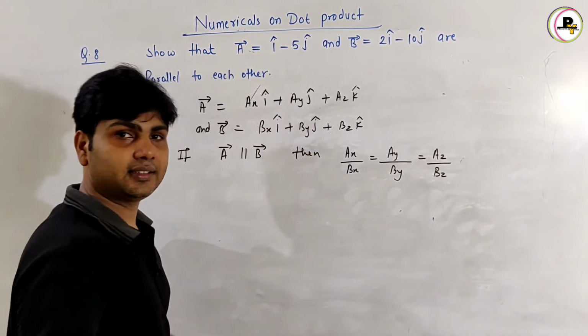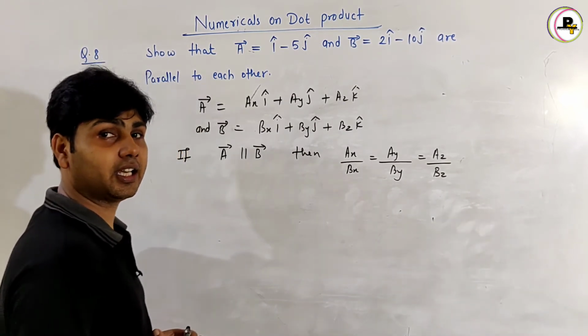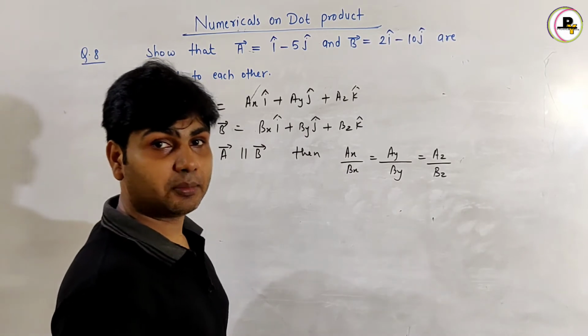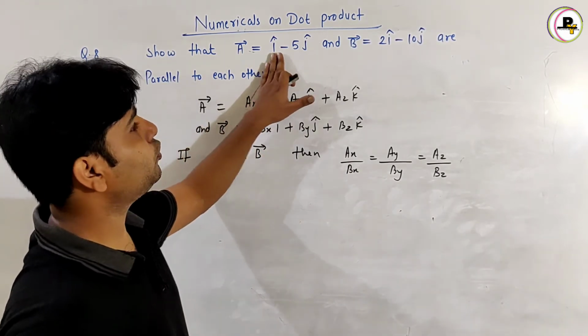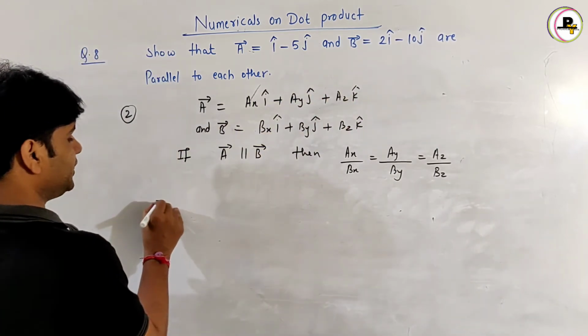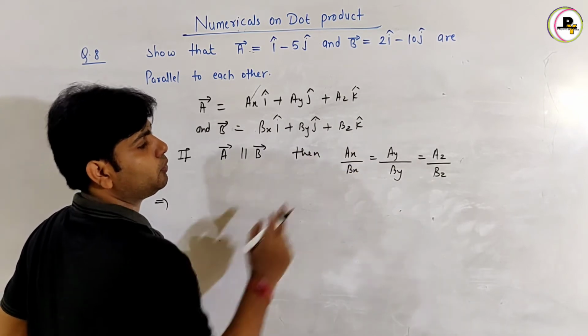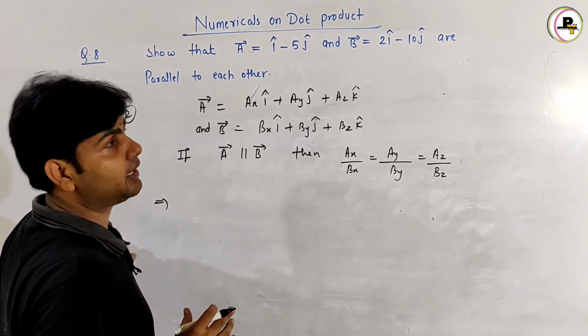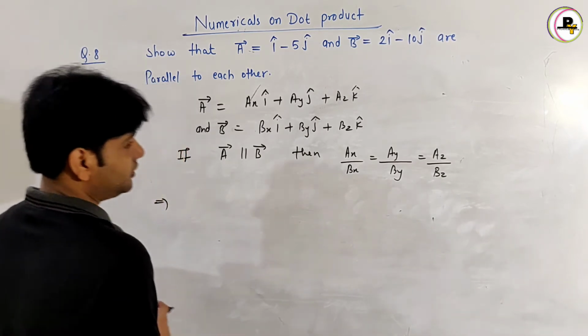That is, the ratio of the coefficients of i cap, j cap and k cap must be the same, and using this property I can prove these two vectors are parallel. So here I will take ax upon bx and ay upon by. If both are same, then I can say that a vector and b vector both are parallel to each other.